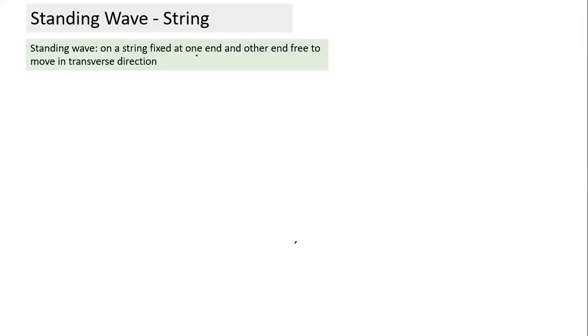So if one is fixed at both ends, the other you can visualize as something like this. We have a string fixed at one end, and at the other end I connect it to an oscillator. The oscillator could be a tuning fork. If I connect it to the tuning fork, what will happen? This tuning fork oscillates in the transverse direction.